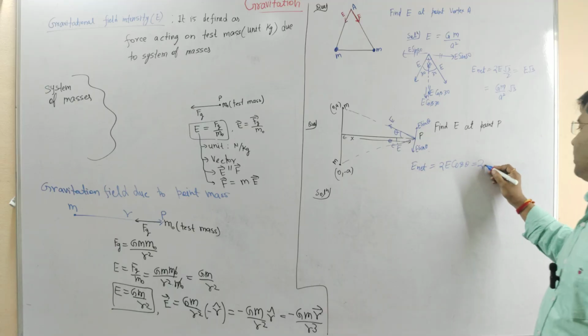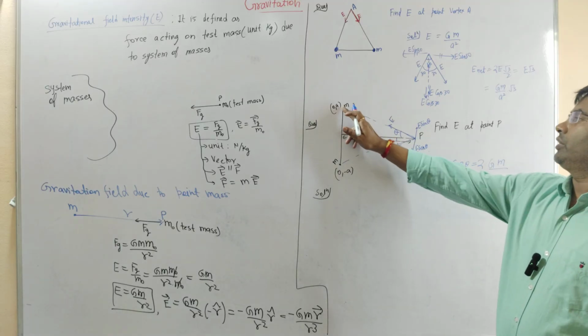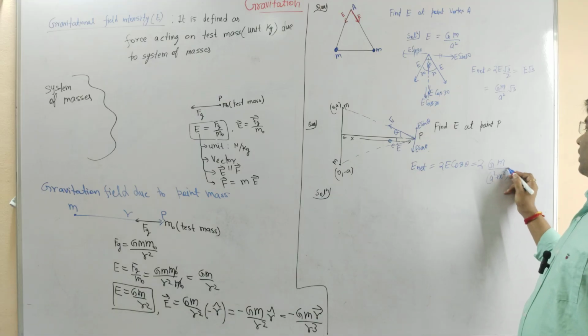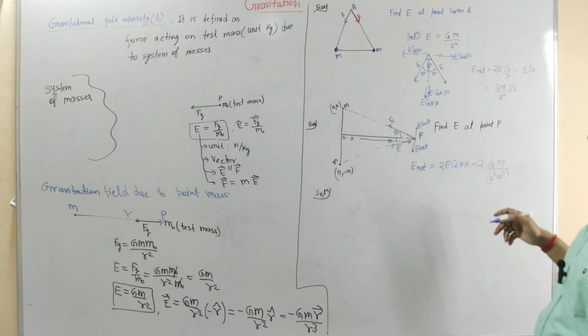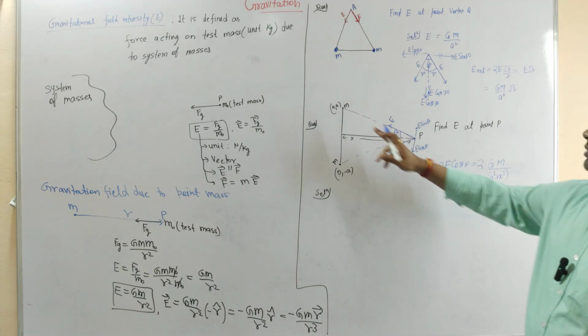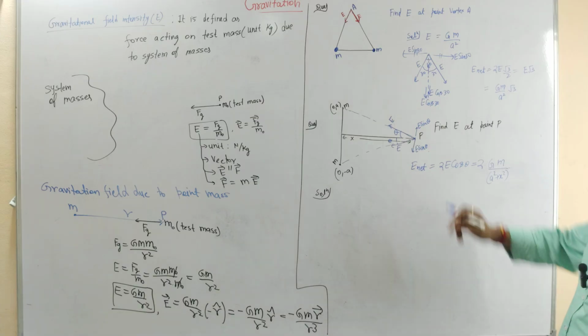So I can write here E is GM upon the distance between this point, which is a square plus x square, because this is the hypotenuse square. GM upon distance square I have to take. So the distance between this and this point is this much, into cos theta. What is cos theta?